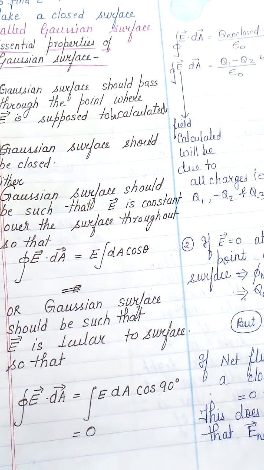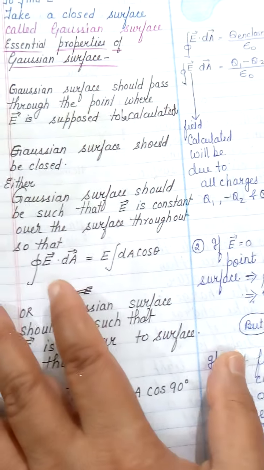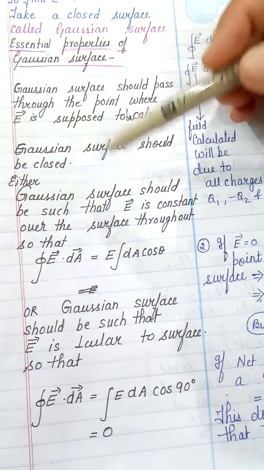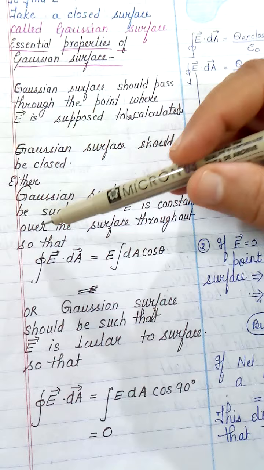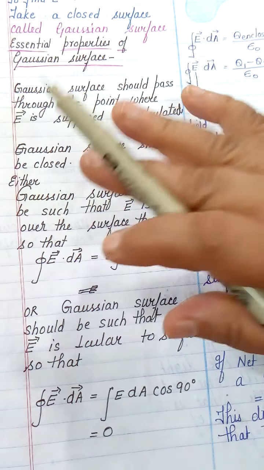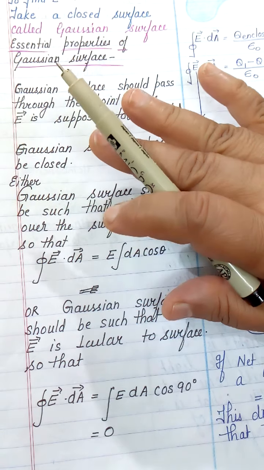Let me quickly remind again about the Gaussian surface. It is closed, it is passing through that point at which we have to calculate electric field, and the shape of the Gaussian surface should be such that either electric field is constant over the surface throughout, or electric field is perpendicular to the surface, right?